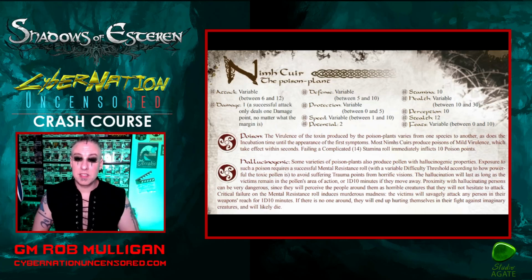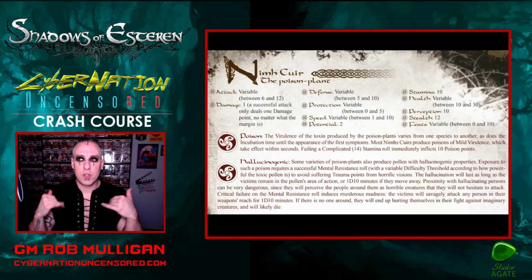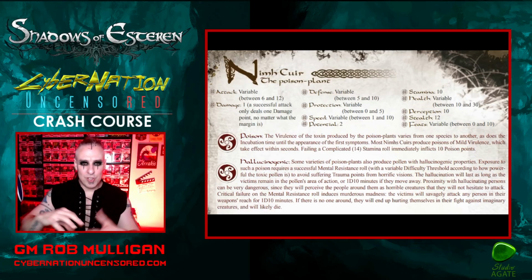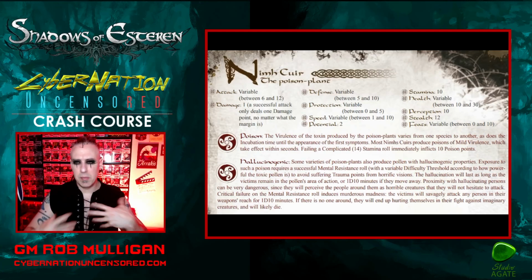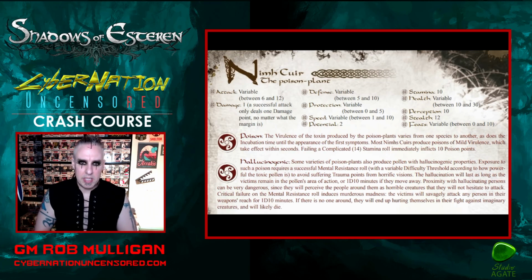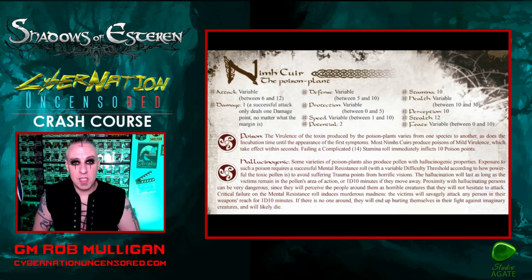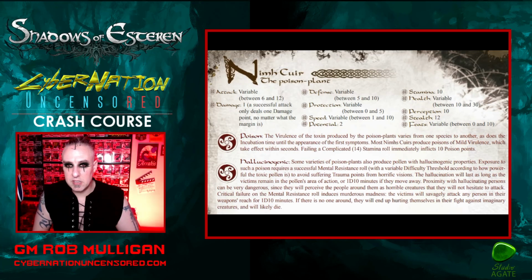What I like about this is I can already think of creative ways to alter these special things, whether it be the poison or hallucinogenic, and the way that the plant looks. I'll show you the imagery, but just think of the possibilities with this being a flora-based Feond. Poison, basically: the virulence of the toxin produced by the poison plants varies from one species to another, as does the incubation time until the appearance of the first symptoms.